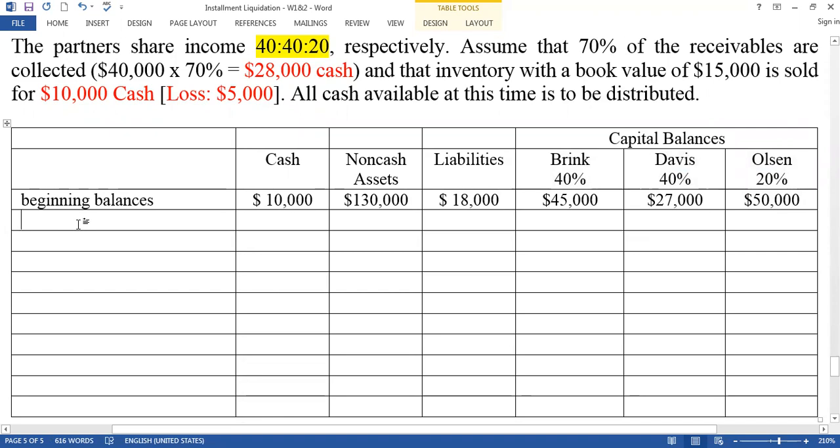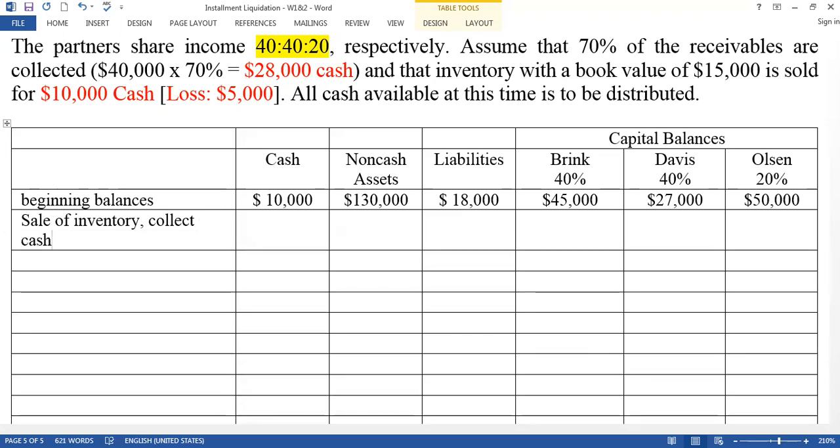Now what we did here: we sell inventory, and we collect cash. We sell inventory and we collect cash from accounts receivable.